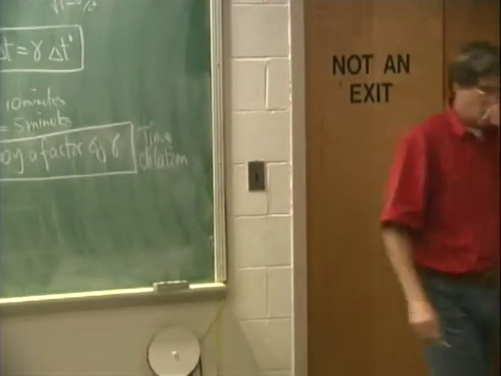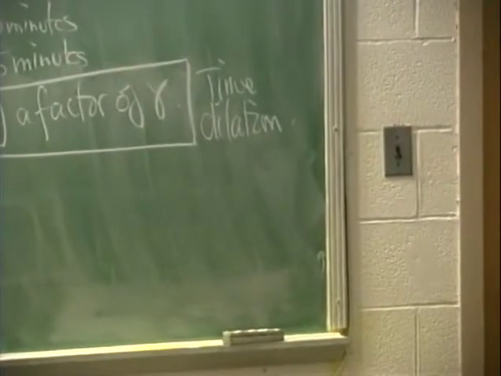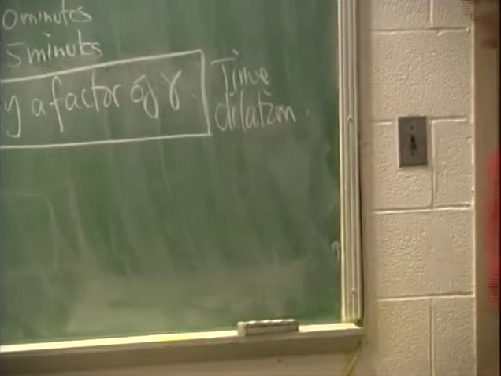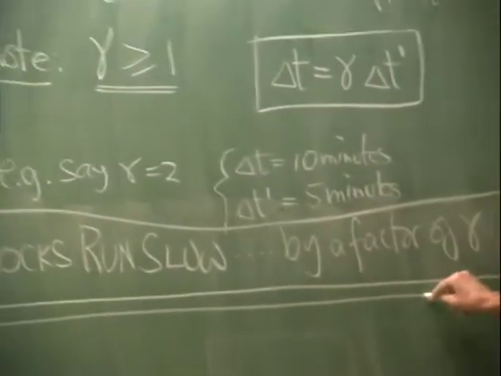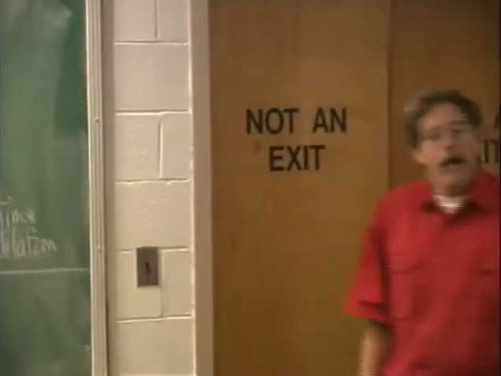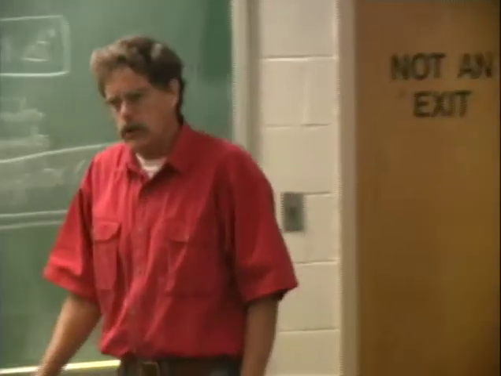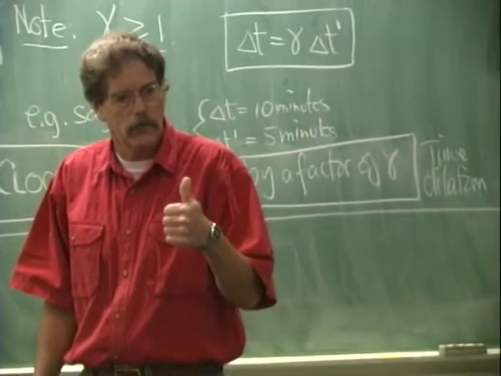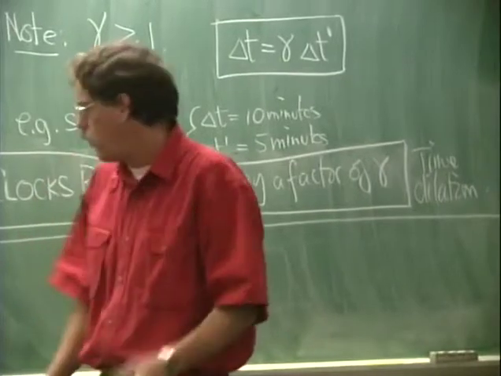Of all the effects of relativity, this is the easiest to check in the laboratory. Actually, time dilation is bread and butter physics in any elementary particle laboratory, such as Fermilab or SLAC or something like that. Why is that? Because most elementary particles spontaneously disintegrate after a certain amount of time, what we call the lifetime of the particle.